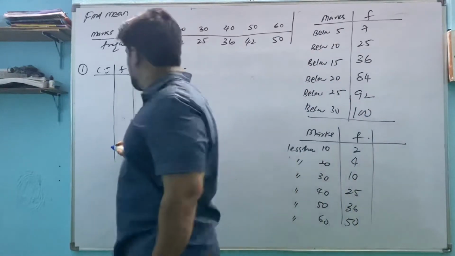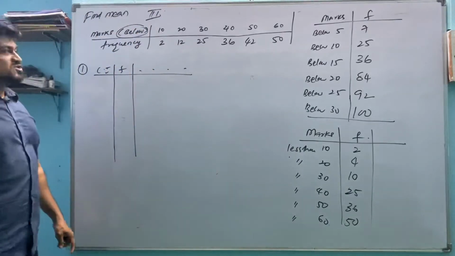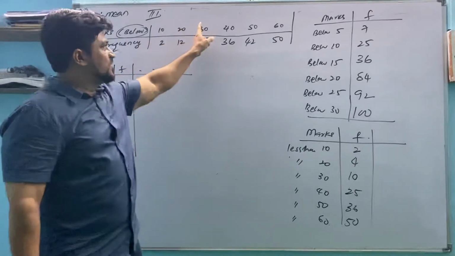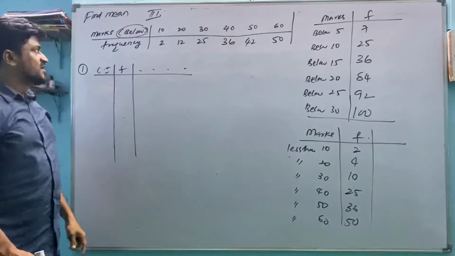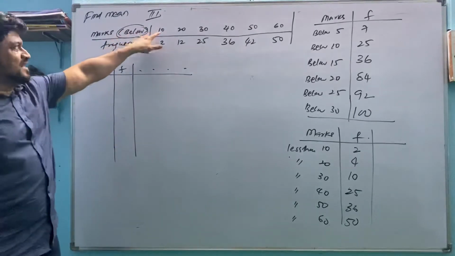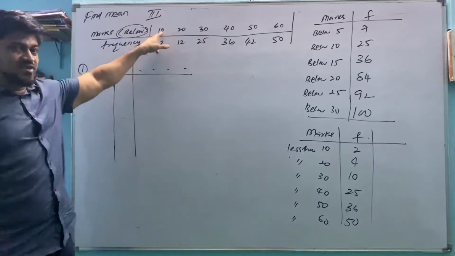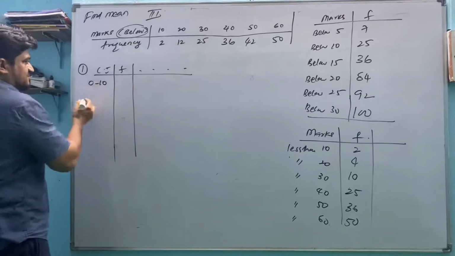Now for below questions we have to follow one pattern. First we have to check the difference. 10, 20, 30, 40, the difference we can find is 10. So below 10, difference 10, which value do you get? 0. So 0 to 10.